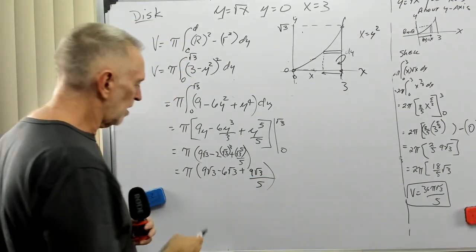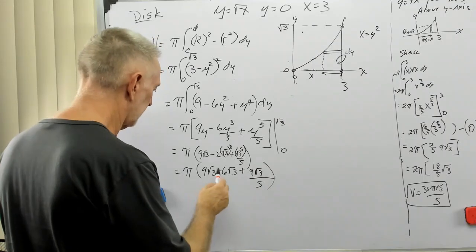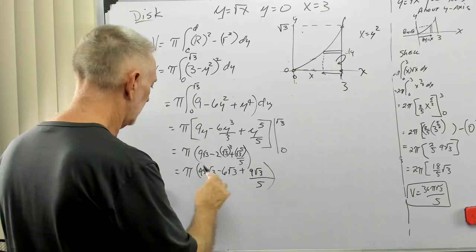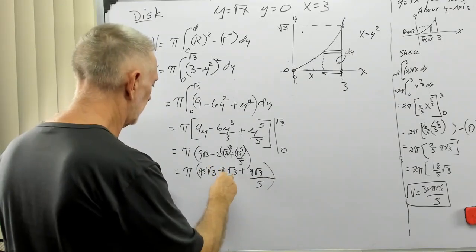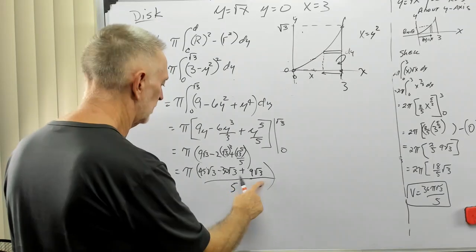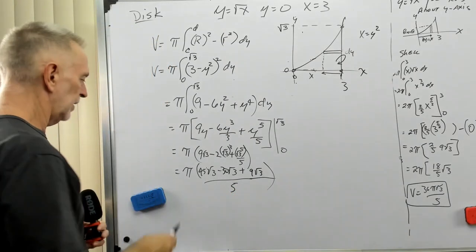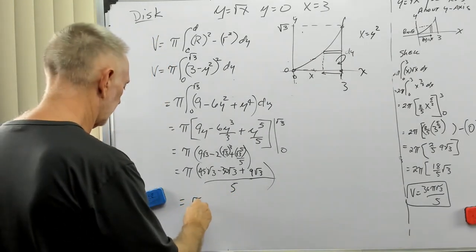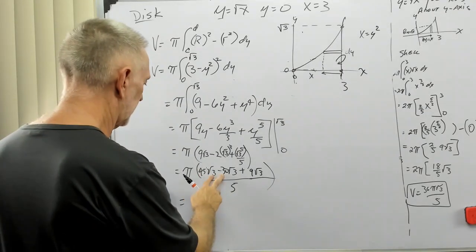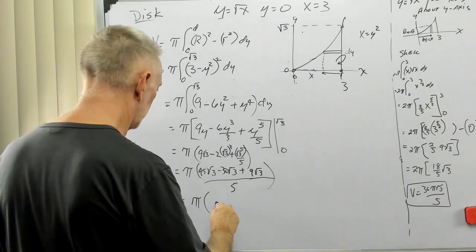Now if I get a common denominator of 5, 9 times 5 is 45, 6 times 5 is 30, and this is already over 5. What do we end up with? Pi times 45 minus 30 is 15, and 15 plus 9 is 24.